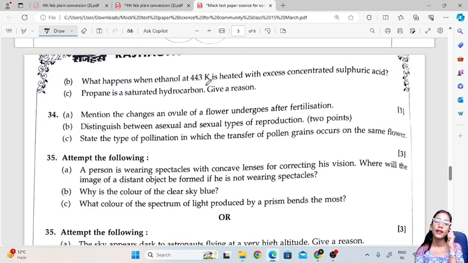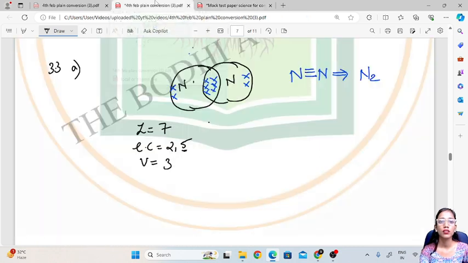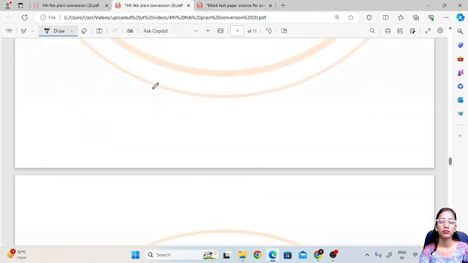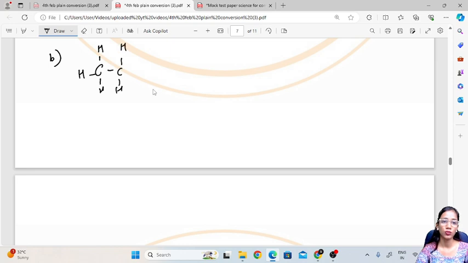What happens when ethanol at 443 Kelvin is heated with excess concentrated sulfuric acid? Now what is ethanol? Ethanol is CH3CH2OH.